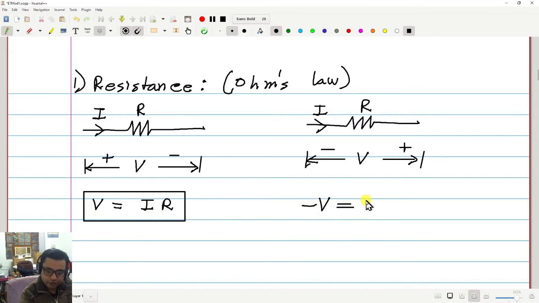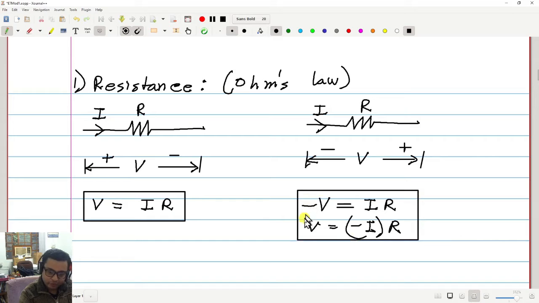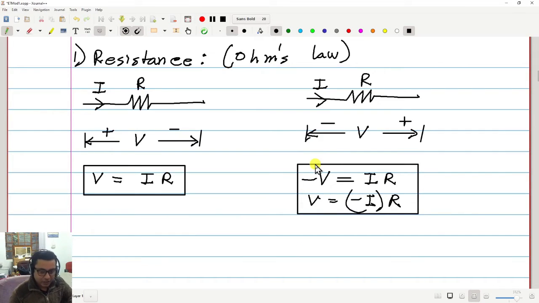Minus V equal to IR, or you can write V equal to minus I times R. So be very, very careful about these symbols. Basically this is all you need to know about a resistance.